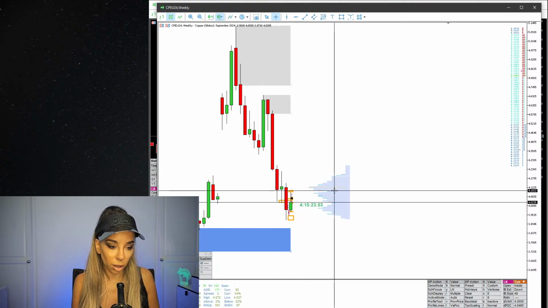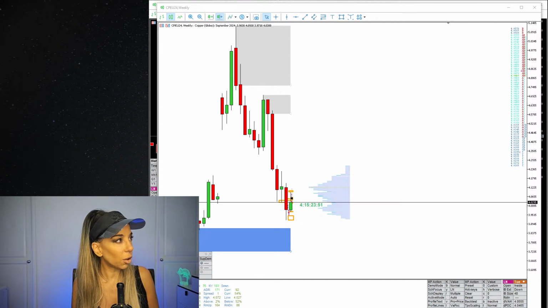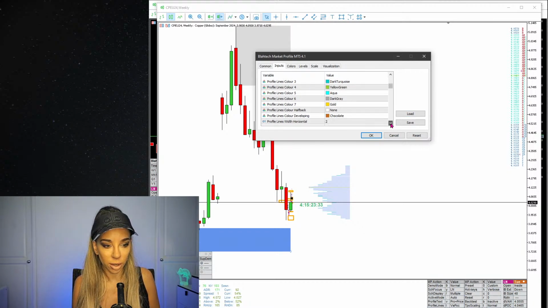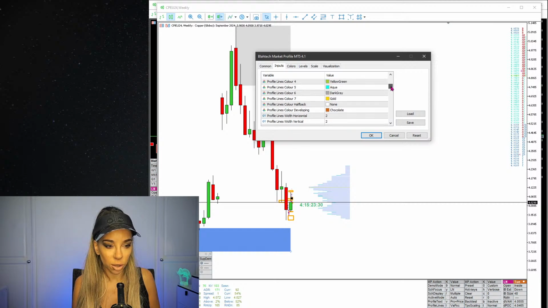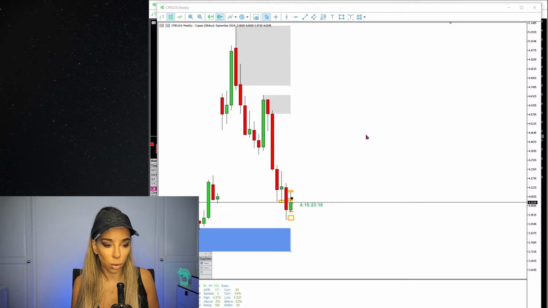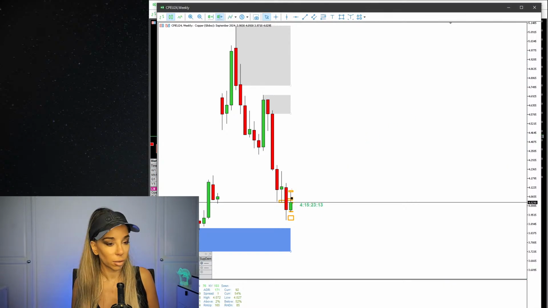Might change the color of the value to be a little bit more obvious. So let me just find that here. It is a very customizable indicator. You can literally change everything and anything. So what do I want? I want overall volume. Here we go. Okay, so I'm going to change this value area for the volume to some really screamy color that I can really see.